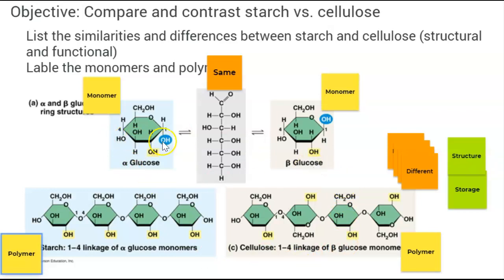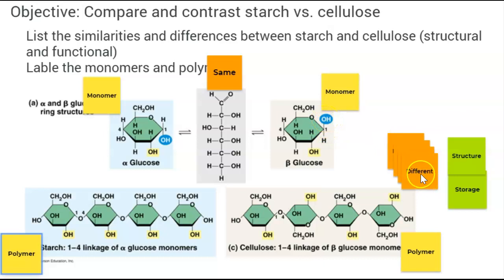And then, so now if we look at the structure of these, what you can see is that in alpha glucose, this hydroxyl group down here is on the bottom, on the first carbon here. And again, just remember in organic chemistry, any junction is a carbon, so this is a C right here. So on this first carbon, the hydroxyl group is on the bottom. And then for beta glucose, the hydroxyl group is on the top.